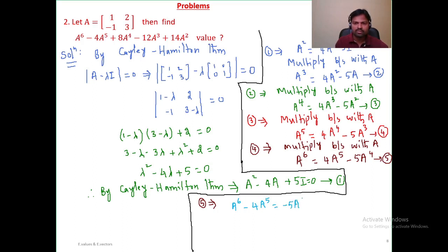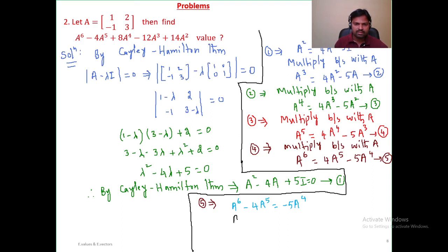Only required terms we send, because this is the left hand side expression. Look at the question: A to the power 6 minus 4A to the power 5 plus 8A to the power 4. Only those terms we have to send to the left hand side. Here we have minus 5A to the power 4, but what I want is plus 8A to the power 4, and that is not there.